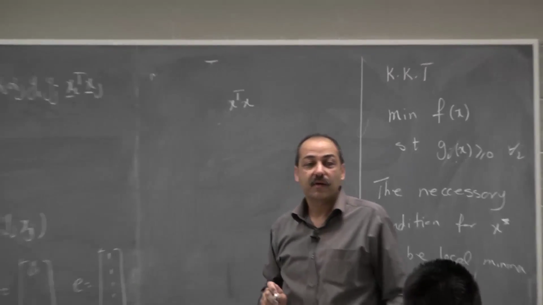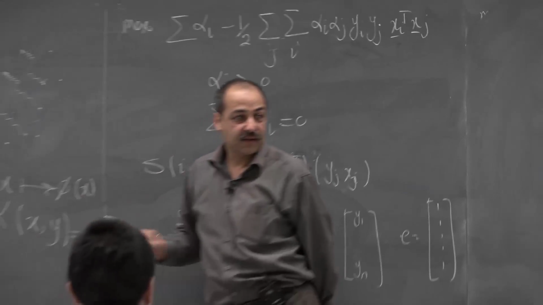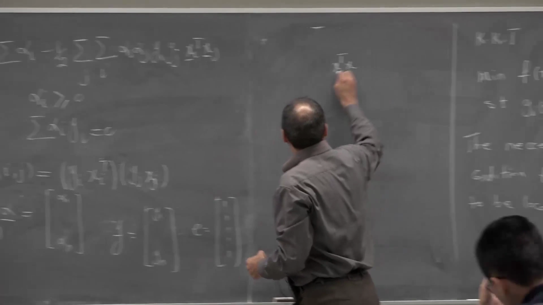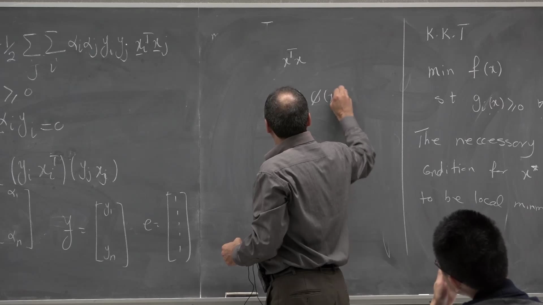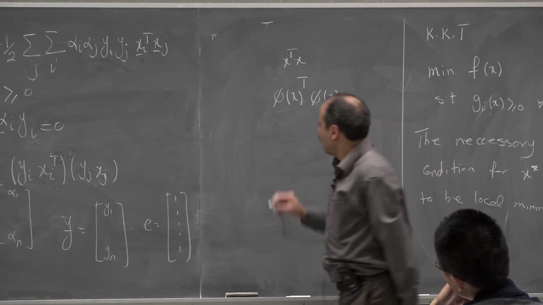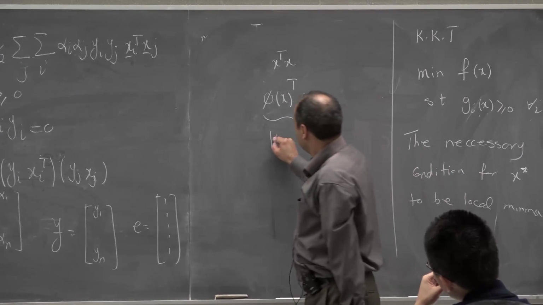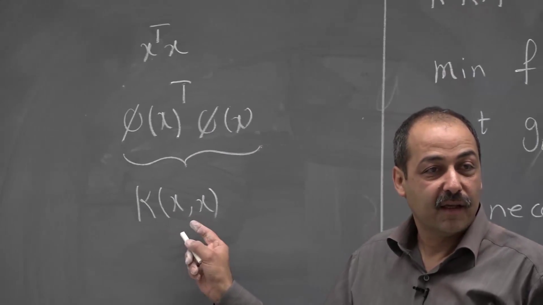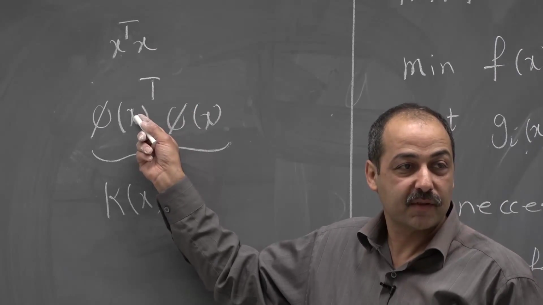Okay. Now, if I have function phi and map my point to higher dimensional space using phi, then instead of x, I have phi of x. Okay? But interestingly, there are some functions that I can apply to x itself, and the value of this function is the same as the value of this in the higher dimensional space.